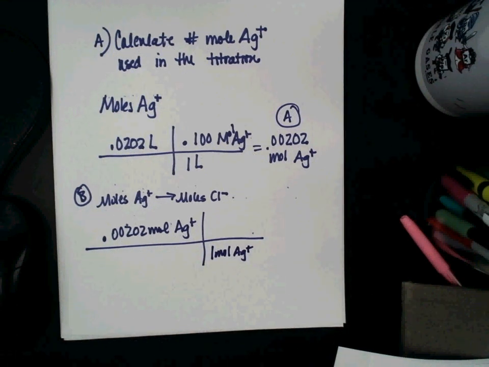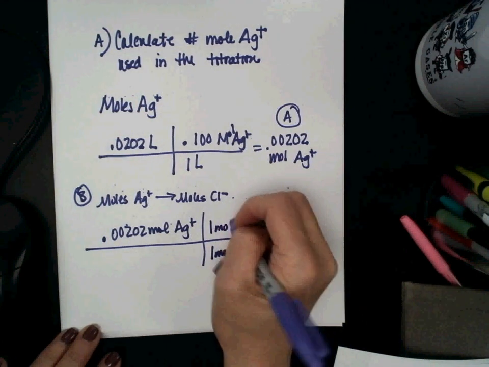We're getting there. I don't have any way I can go straight to grams of chloride. I have to know moles of chloride before I can get to grams of chloride. So once we know our moles, we'll use that to find our grams. So what's my mole ratio? 1 to 1? Yes.